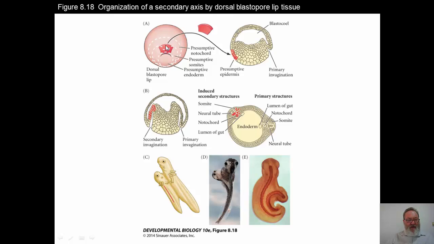What are the things that make the dorsal lip of the blastopore capable of forming a whole new animal? It's been found that this is not just true in salamanders, it's true in all of the vertebrates, that there is a dorsal organizing material that's really a primary organizer.